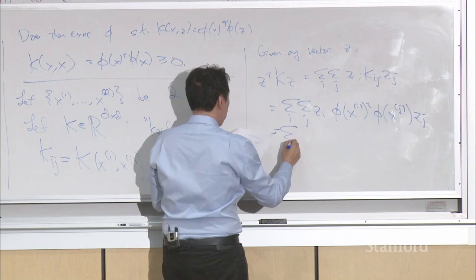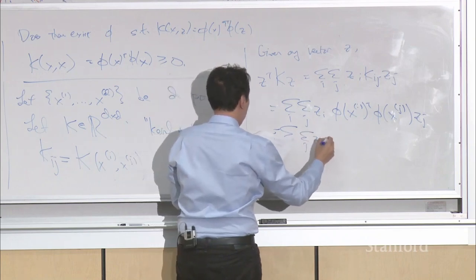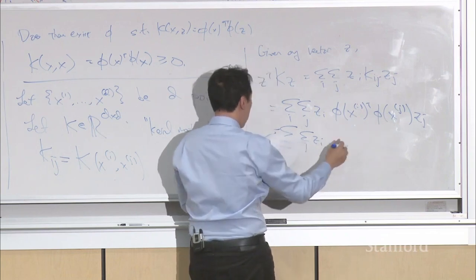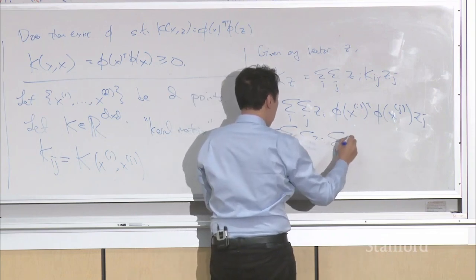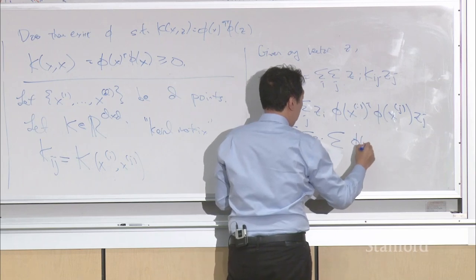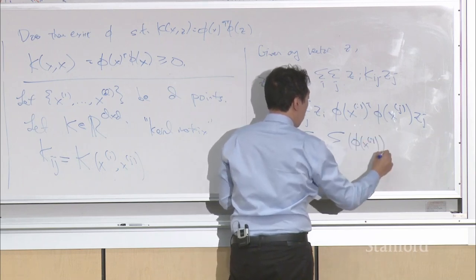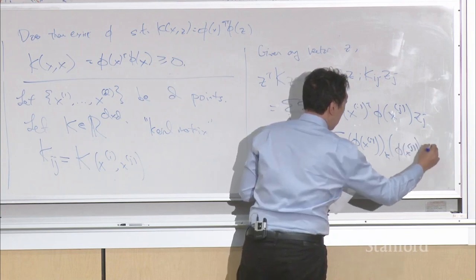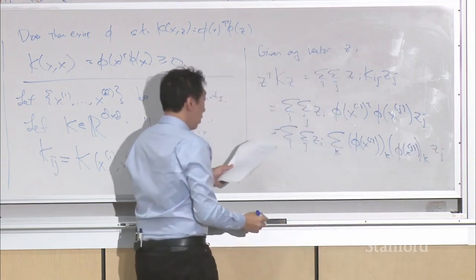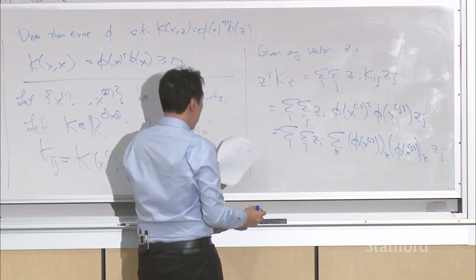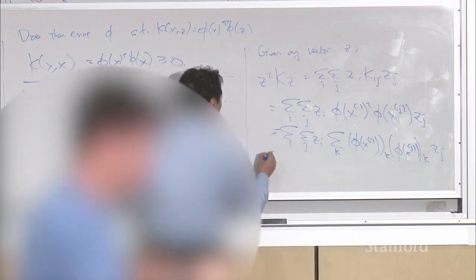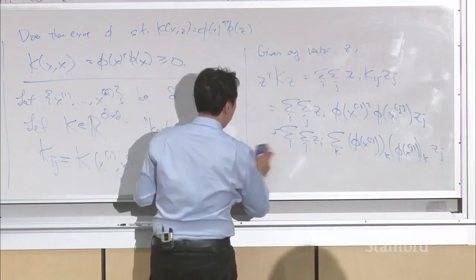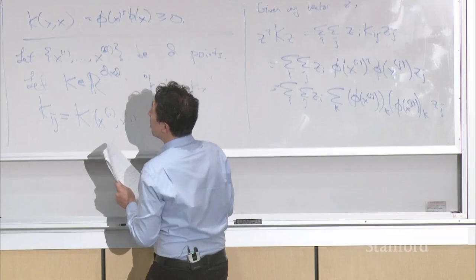And by a couple other steps, let's see, this phi of xi transpose phi of xj, I'm going to expand out that inner product. So sum over k of phi of xi element k times phi of xj element k times z_j. And then rearranging sums is sum over k. Actually, sorry, I'm running out of whiteboard. I'll just do it on the export.